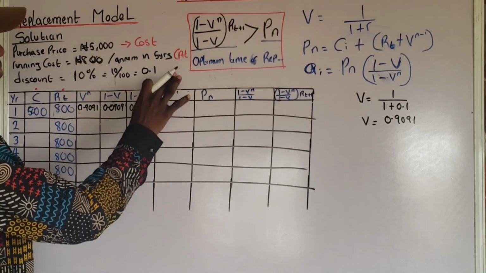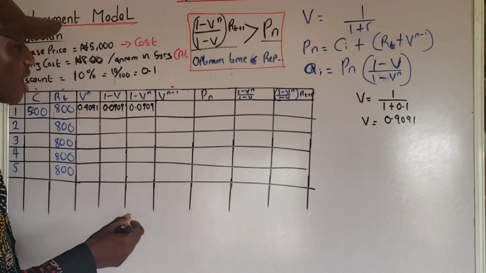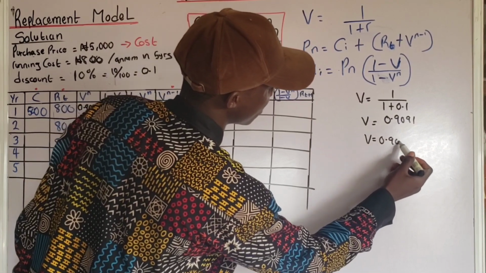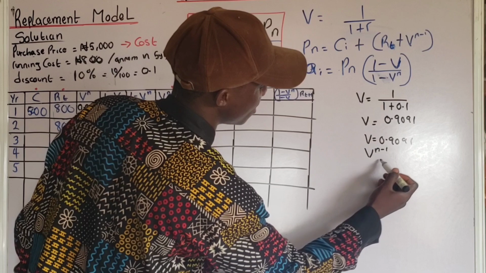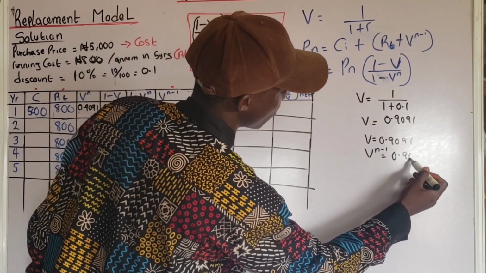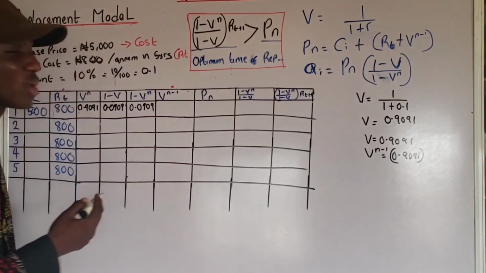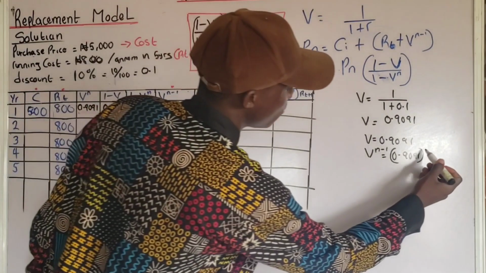We have V raised to the power of n minus 1. Please pay attention. V is 0.9091. Now V raised to the power of n minus 1 will be 0.9091 raised to the power of, because we are in the first year now, n will be 1.